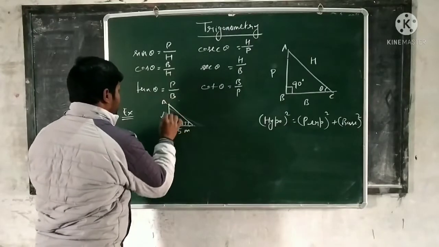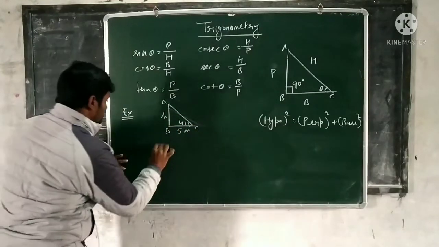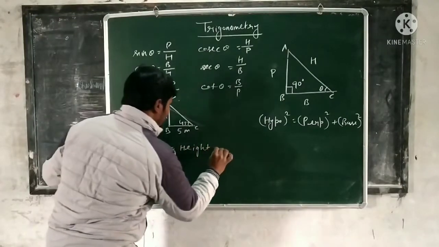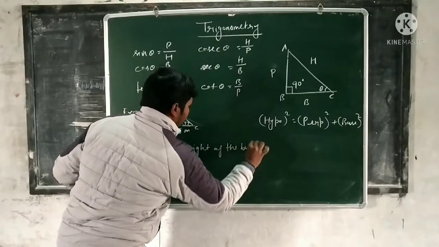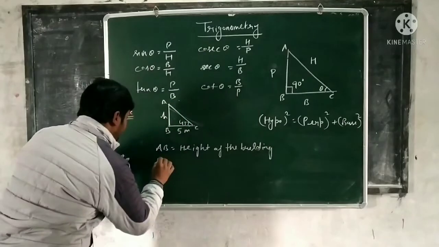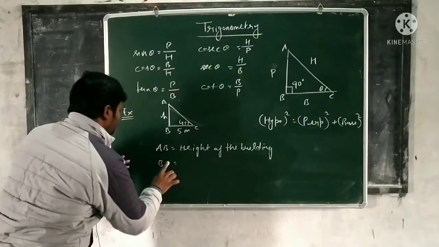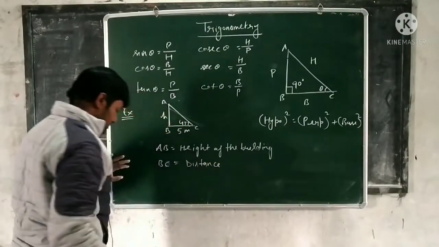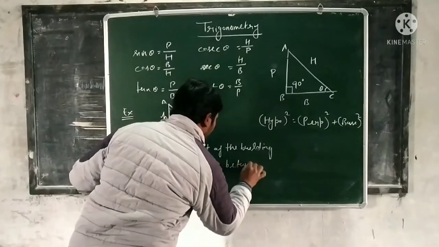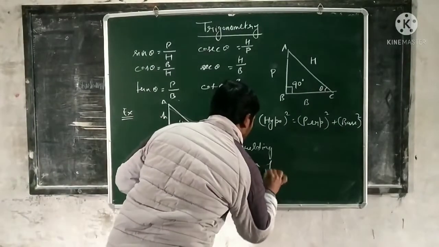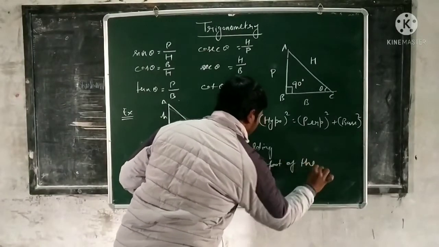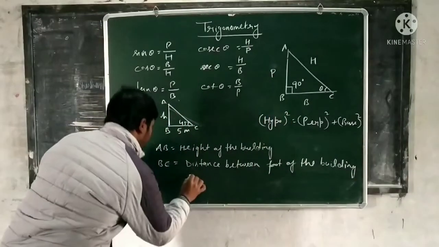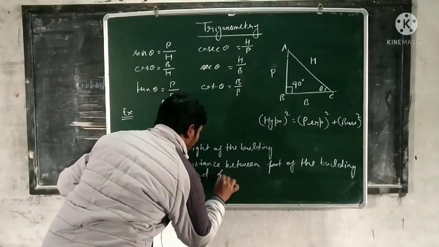Building here A, B, and C. AB is equal to the height of the building, and BC is equal to the distance between the foot of the building and the observer.